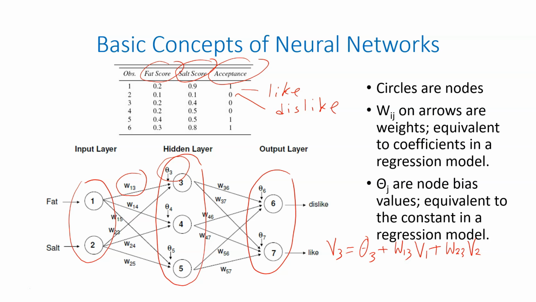And to compute the value of node 4, we would do theta 4 plus weight 1,4 times the value of node 1 plus weight 2,4 times the value of node 2.